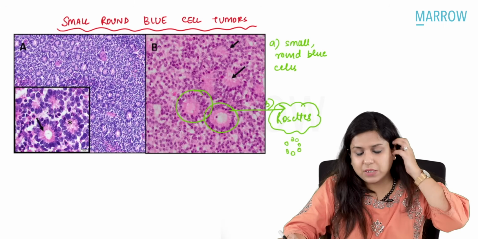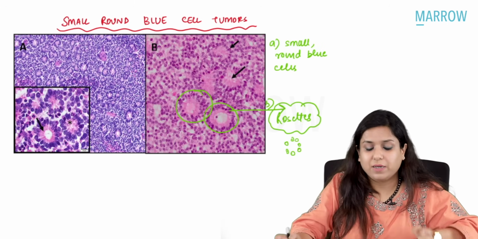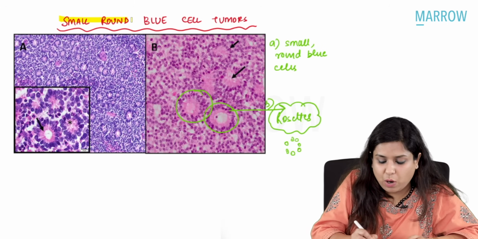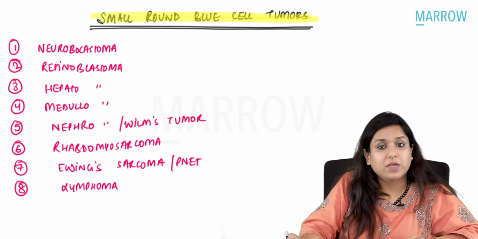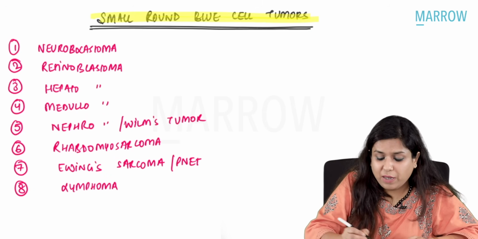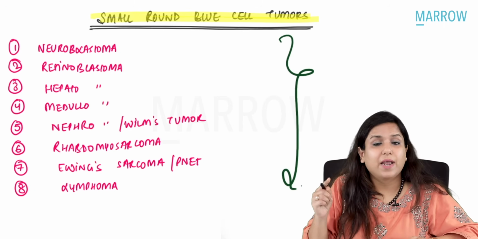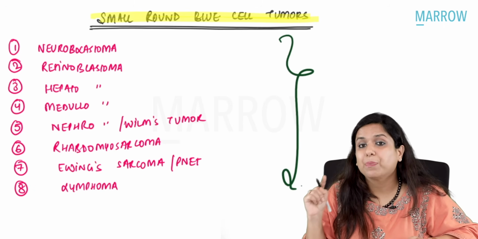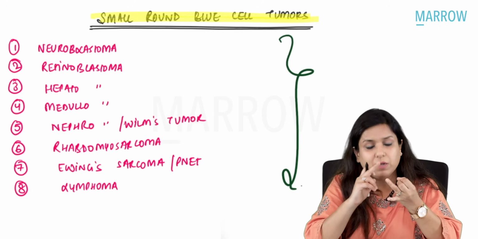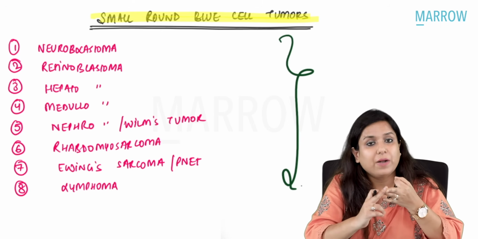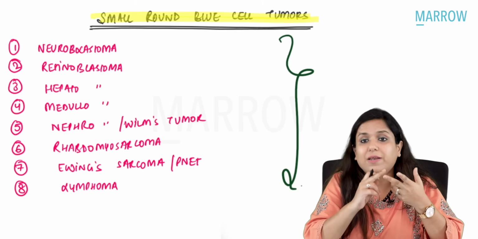Then students, this also belongs to a category which is called small round blue cell tumors. There is a long list of small round blue cell tumors of childhood which is very frequently asked, especially in the AIIMS and the INI CET exam. One of the favorite topics. So you should know neuroblastoma, retinoblastoma, hepatoblastoma, medulloblastoma and nephroblastoma.